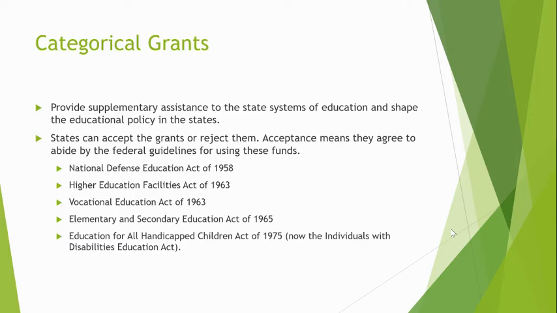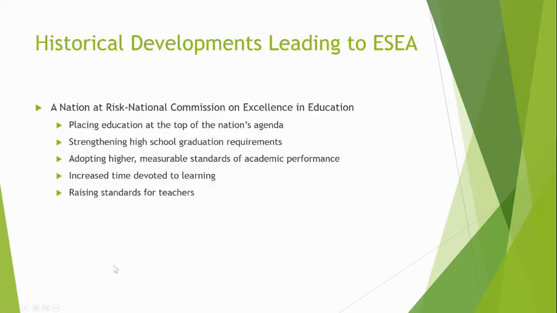And these are things that we've talked about before: the National Defense Education Act of 1958, Higher Education Facilities Act of 1963, Vocational Education Act of 1963, Elementary and Secondary Education Act of 65, and the Education of All Handicapped Children Act, which is now the Individuals with Disabilities Education Act. All of these are categorical grants that help the states.